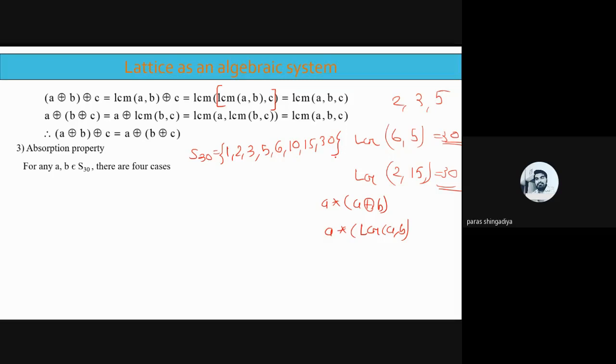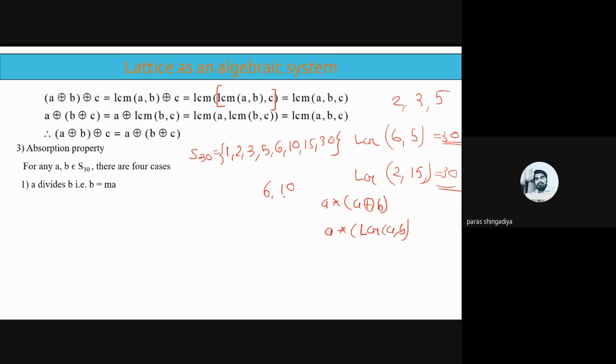So this is one case, and then consider the prime number case, which cannot divide each other, for example 3 and 5, 2 and 5. So this is the second case. And then we consider the pair 6 and 10, where 6 does not divide 10 and 10 does not divide 6, but it has one common factor to derive the answer. Okay, so let us consider all the cases.